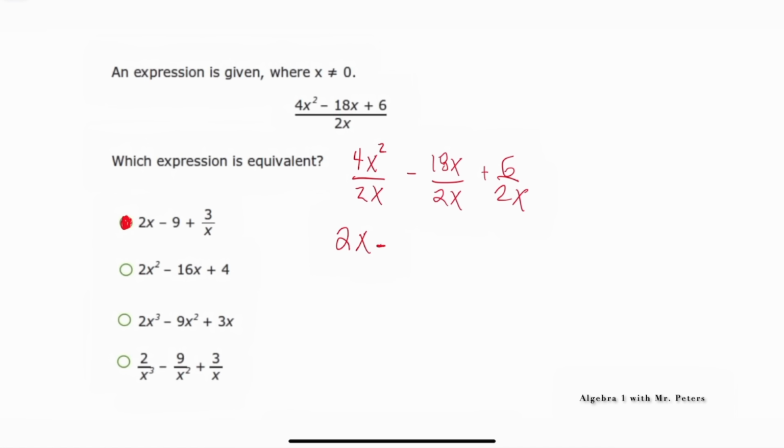So negative 18x divided by 2x, x's cancel out, that's minus 9. Then in the last one, because there's only one x, it's going to have to stay, but we'll simplify 6 over 2 to be 3 over x. So just please make sure when you're dealing with these type of problems, you review properties of exponents, because that's going to be a big part of you getting the problem correct or not.